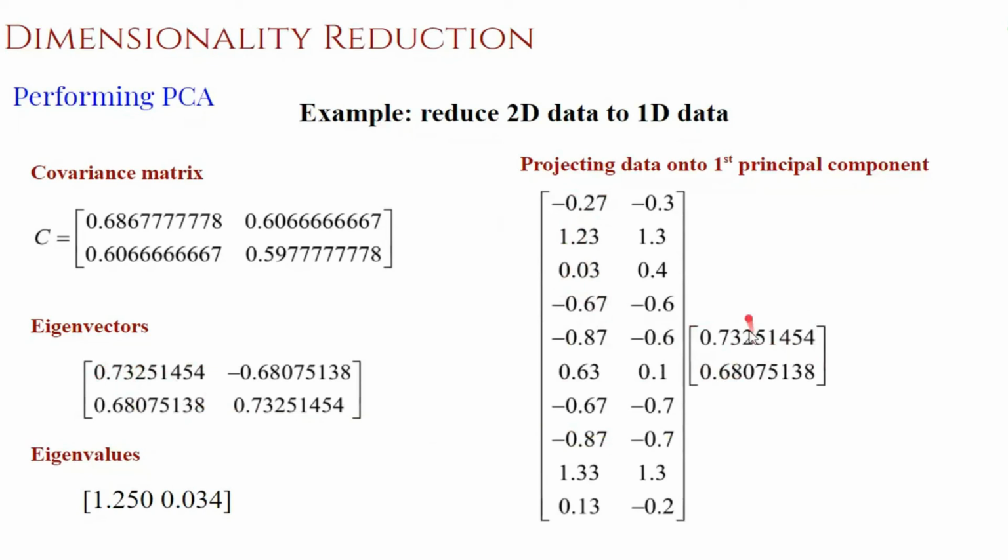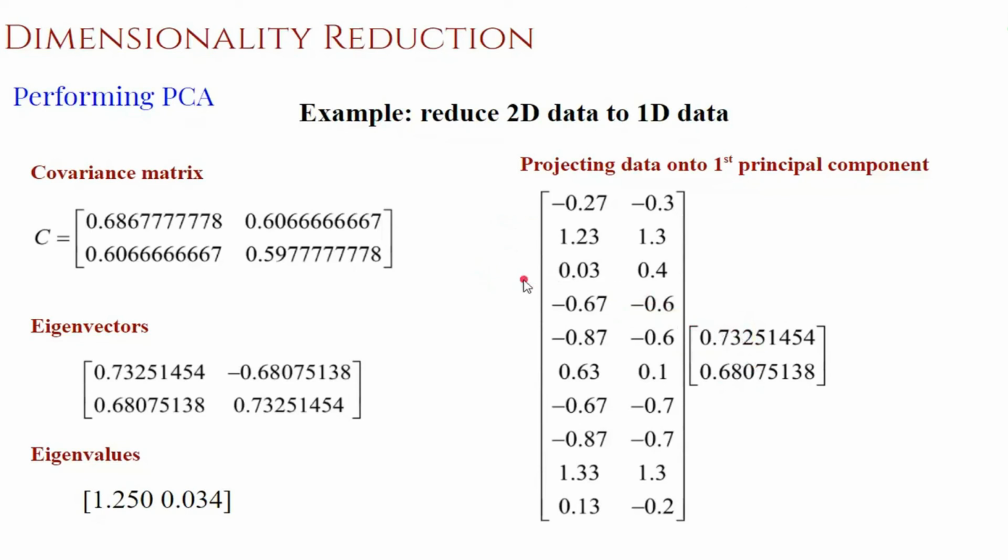If you look at the dimension of this eigenvector, it is 2 rows and 1 column, so it is 2 cross 1. So now we have a 10 cross 2 matrix and a 2 cross 1 matrix, and we can obviously multiply them.